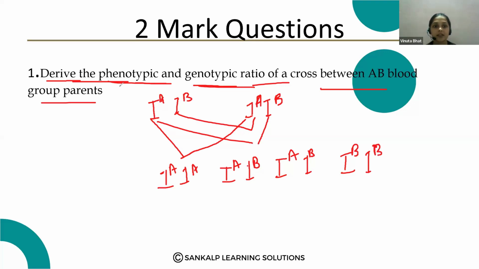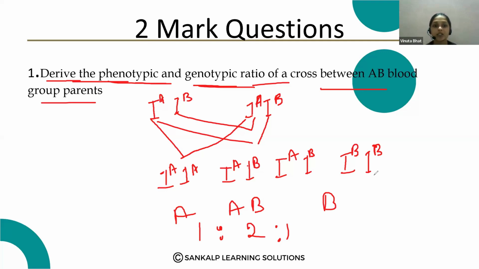Here they asked the phenotypic ratio. The phenotypic ratio is that they have the A, AB and B blood groups in the ratio of 1:2:1. So this is the phenotypic ratio of the blood groups.